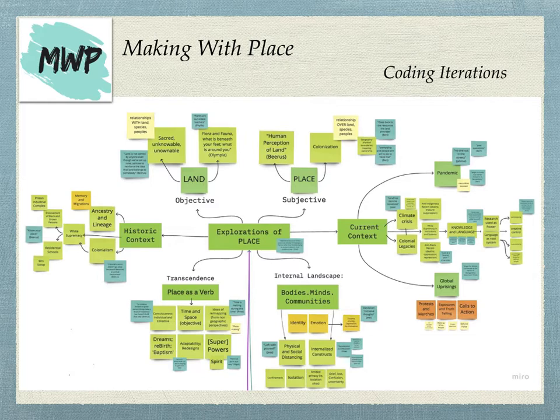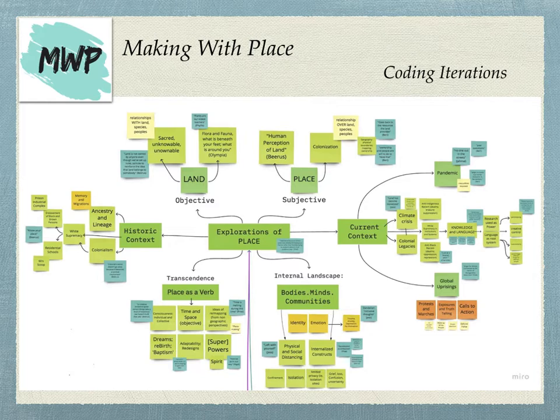The other theory, there's a couple more theories that I'll describe out of this data to give a little bit more examples. So place as a verb is a theory that's been building out of this idea that informs transcendence.